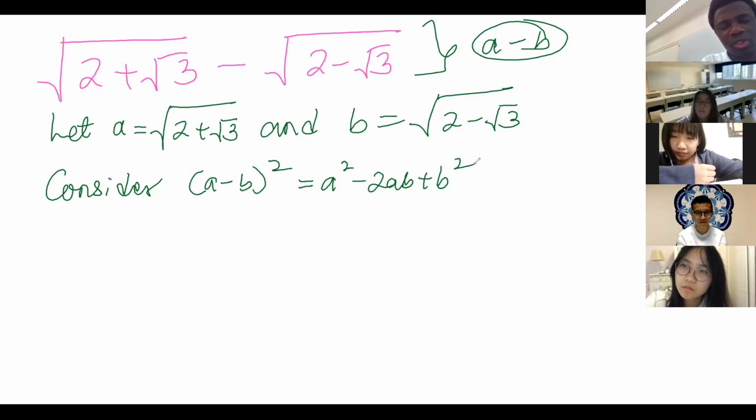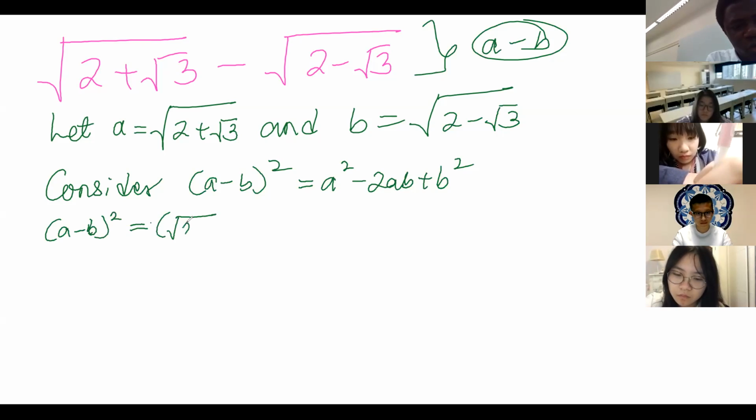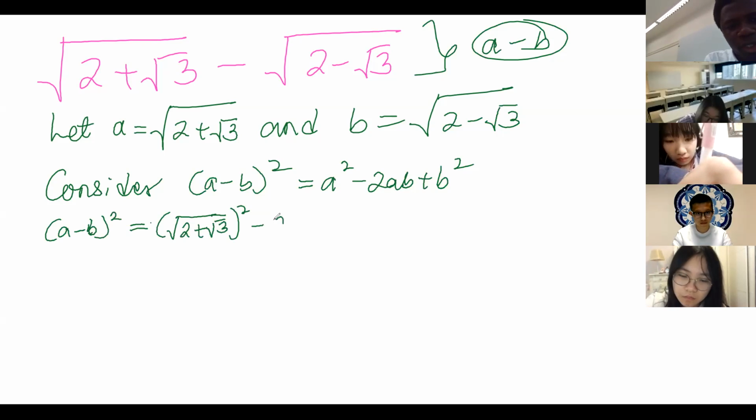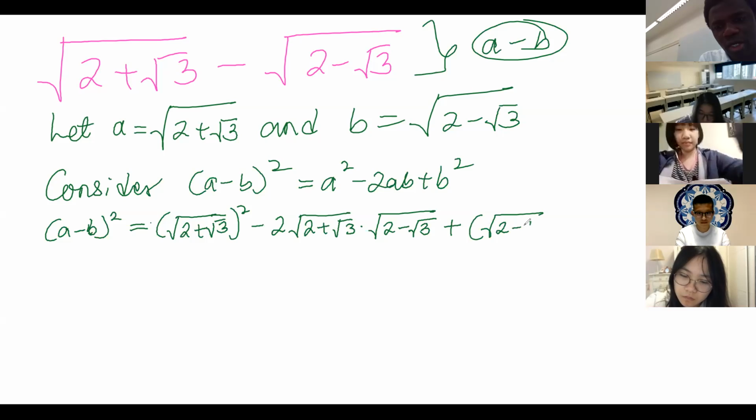So if you substitute, A squared, which is the first one squared, is the square root of 2 plus root 3 squared, minus 2 times the square root of A times the square root of B, then plus B squared, the square root of 2 minus root 3 squared.